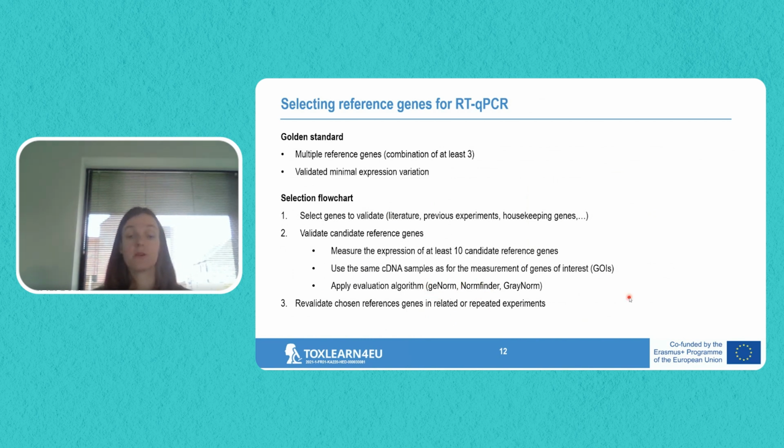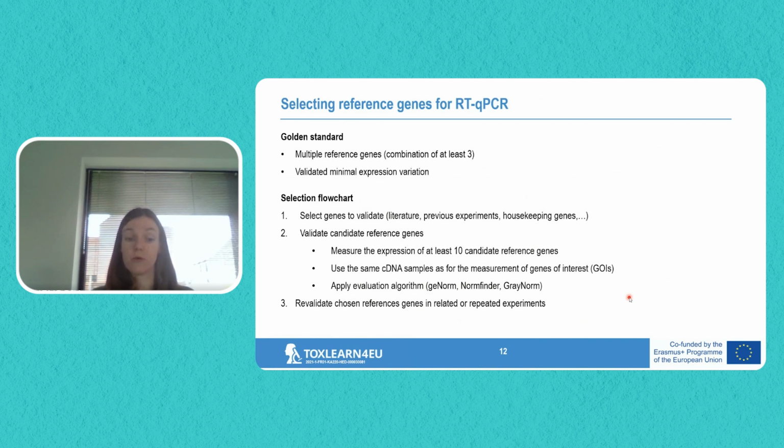NormFinder is another one, and GrayNorm is a relatively new evaluation algorithm, which has been developed in our research group at Hasselt University. And I will also explain you a bit more about the principle behind this algorithm later on in the lecture.